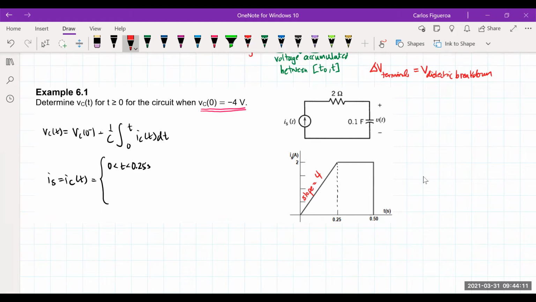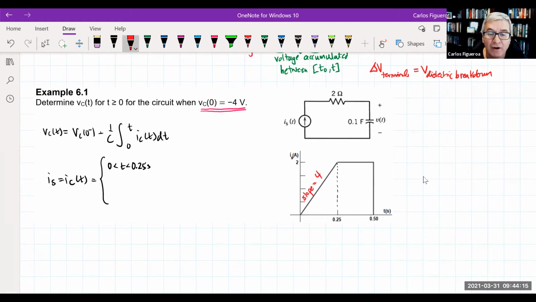It's got to be 8, right? 2 divided by a quarter should give me a slope of 8. So I know what that current source looks like. This slope is 8, so the current in this case is going to be 8t amps.